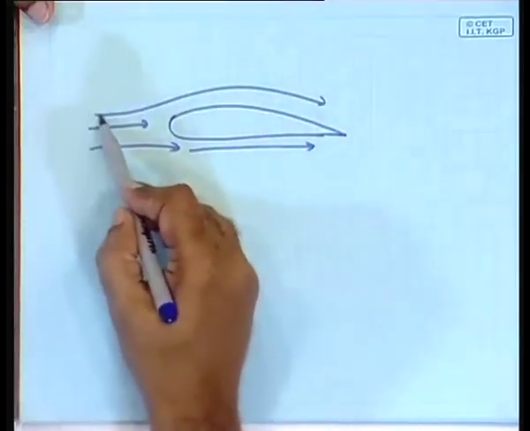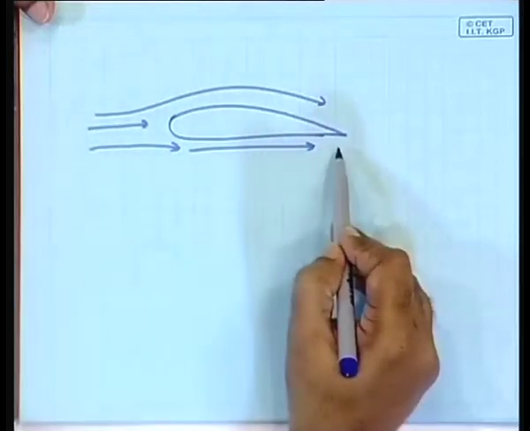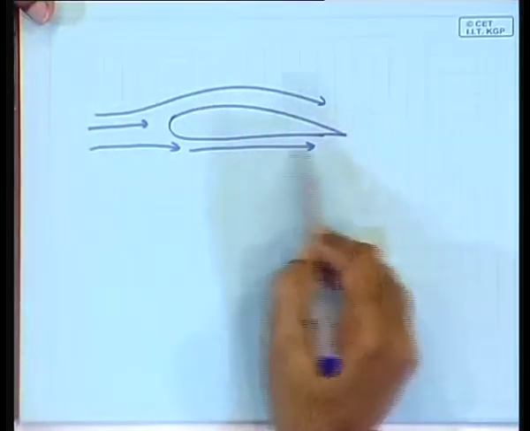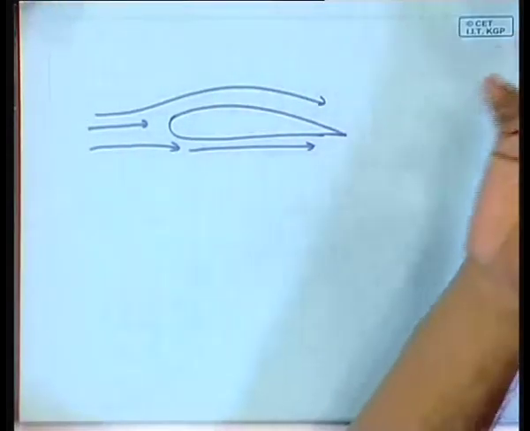As a result, the air that is going above and the air that is going below have to traverse different routes, this route being smaller and this route being larger. Again, by Bernoulli's principle, you will see that there will be a pressure difference, and that pressure difference will result in an upward lift.